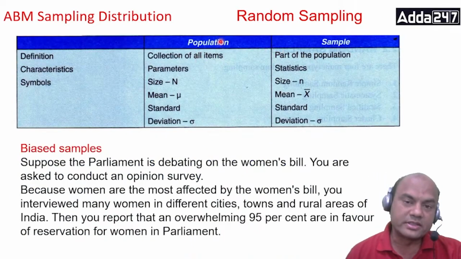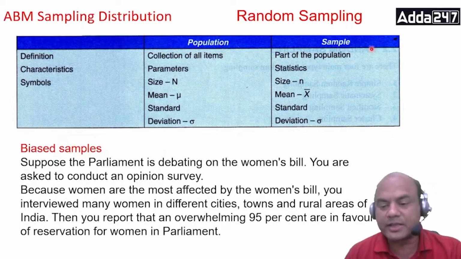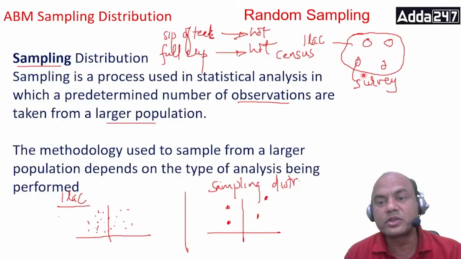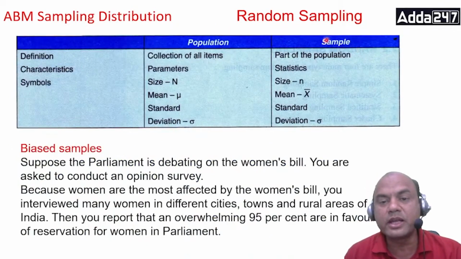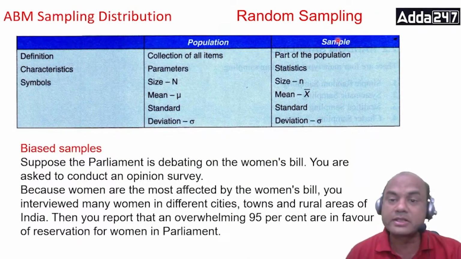Now look at this. Some important points over here. There are two parts. One is population and second is samples. As I've shown you, this full circle is known as the population, 1 lakh people. And the samples which I take, these points, are known as samples. So this is the population as a whole, and then we have the sample. Now what are the terminologies used for the population and the sample?